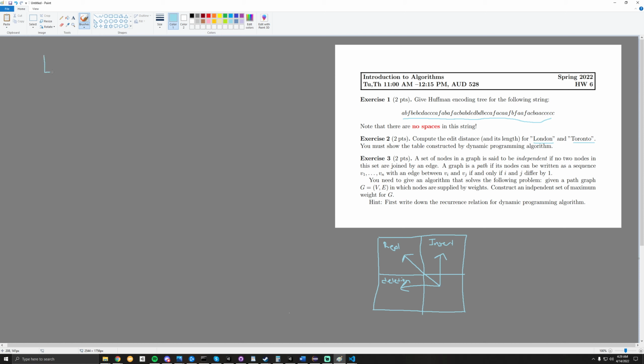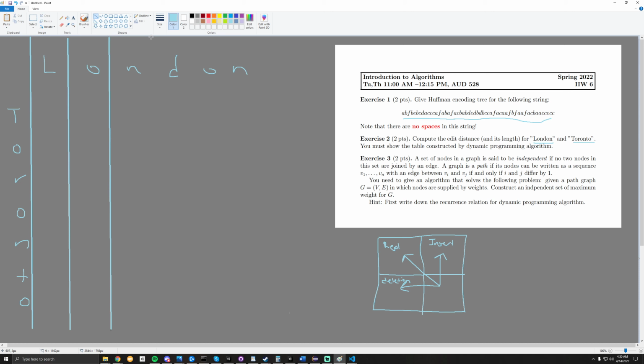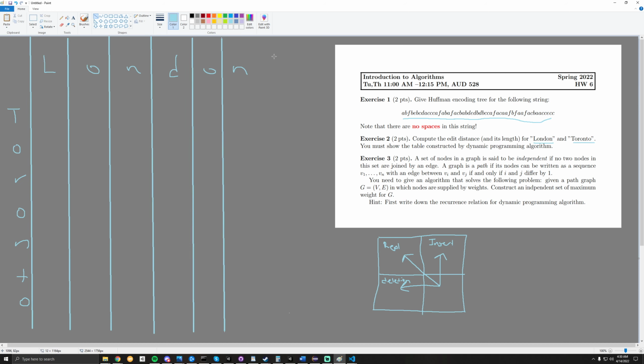So let me draw all of our letters here. I'll do London along the top, and Toronto down the side. All right, and I'll draw some lines real quick because this will have to be a full graph. It won't be perfect since he wants you to graph out this whole representation of how this will look.